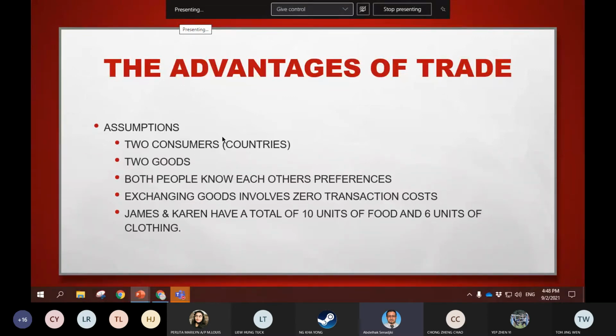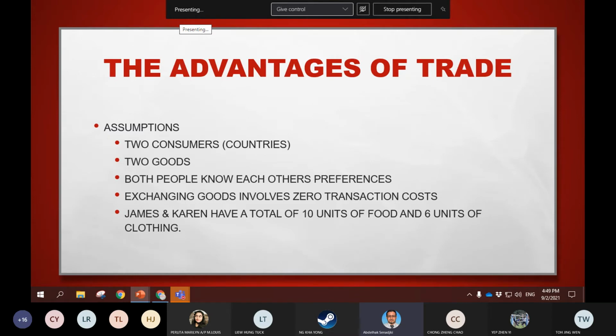So what is the advantage of trade? When we do this Pareto efficiency, we have these assumptions. We have two consumers, which could be countries or individuals. We have two goods. We say two goods because we want to keep things simple to understand.